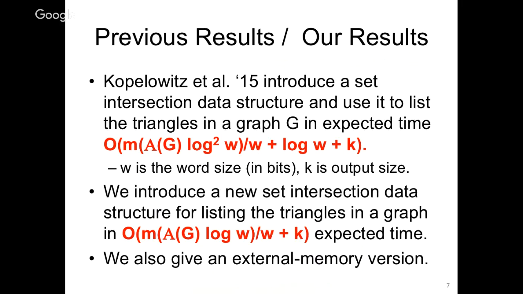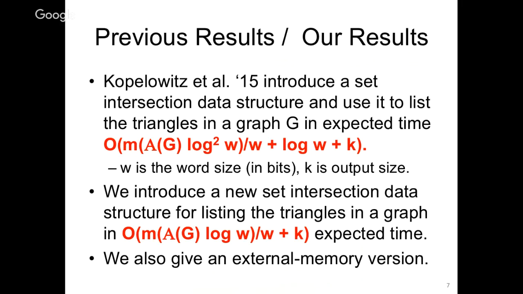So in this more realistic model, Kopelowitz et al. in 2015 showed that you can have a set intersection data structure, and then they use it to list all the triangles in the graph G in time that's proportional to the number of edges, m, times the arboricity times log squared W over W, plus a log W plus K, where K is the number of triangles in the output.